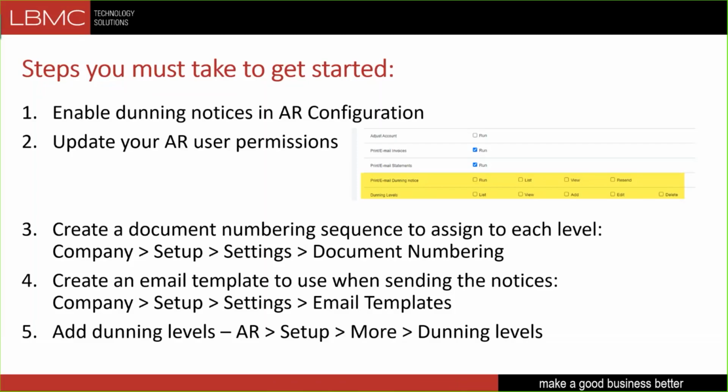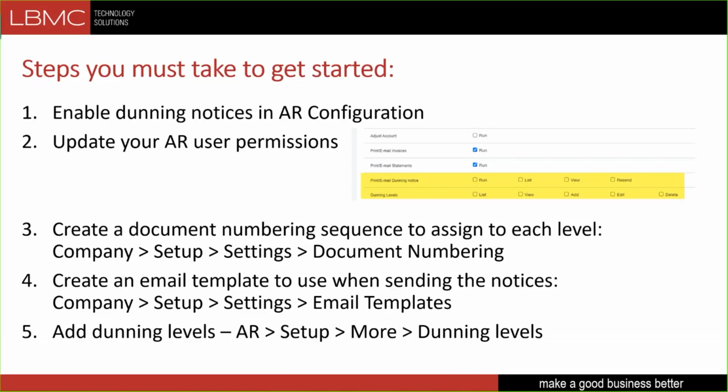Then you want to create a document numbering sequence to assign to each level. Just like in your initial configuration, the implementation consultant might have set up document numbering for your invoices or your vendors or your customers with an ID and then an auto number feature. That's what you'll want to do here as well, so that your notices will be numbered.